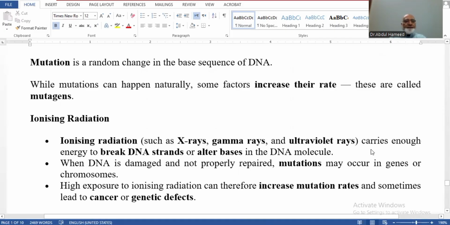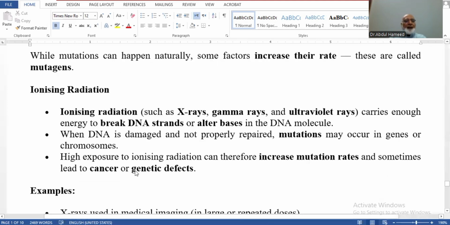This is a repetition of our previous discussion, but with slight change. So these ionizing radiations can break DNA strands and alter bases in the DNA molecule. When DNA is damaged and not properly repaired, mutation may occur in a gene or chromosome. High exposure to ionizing radiation can therefore increase mutation rate and sometimes lead to cancer or genetic defects.